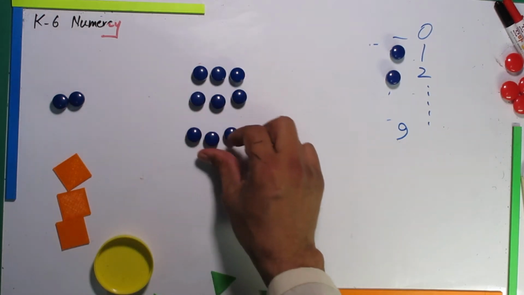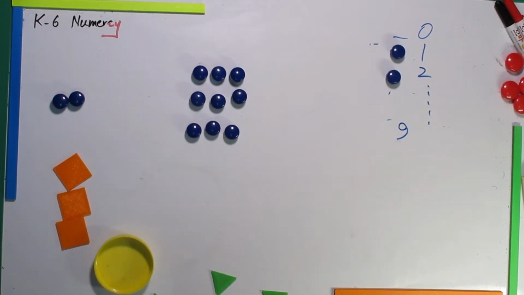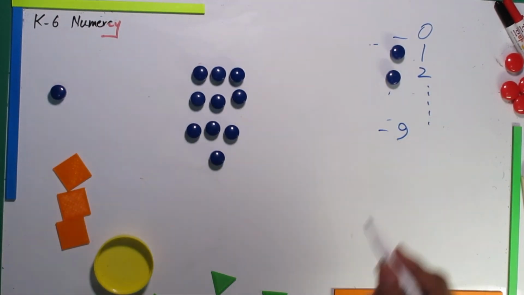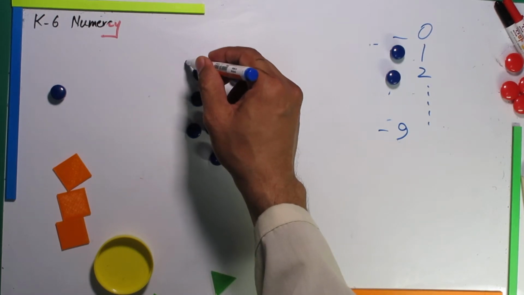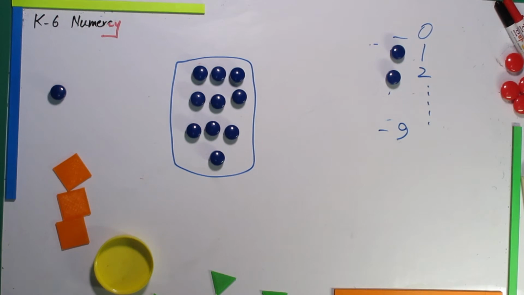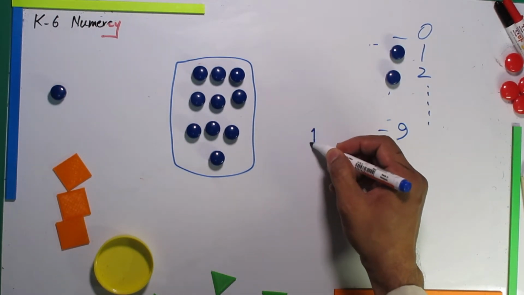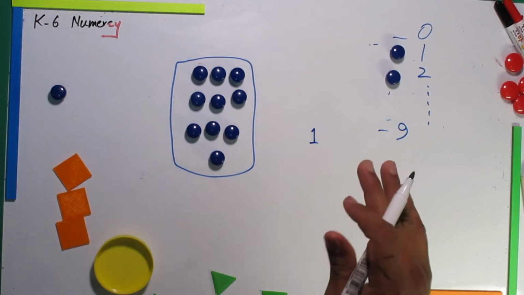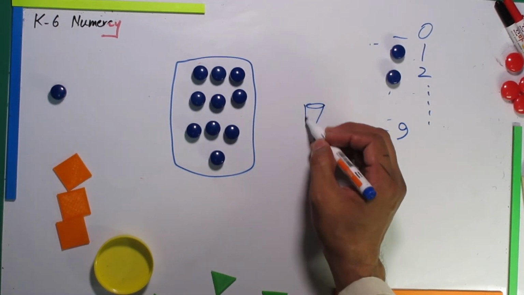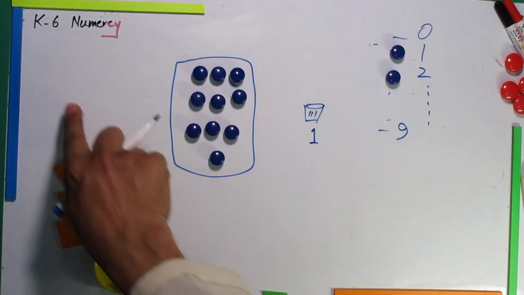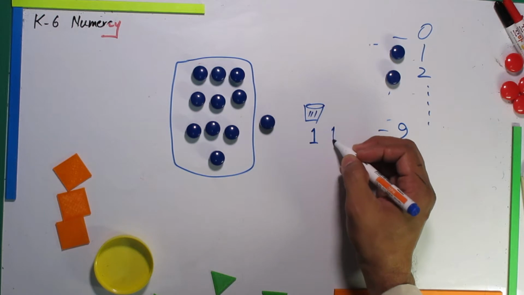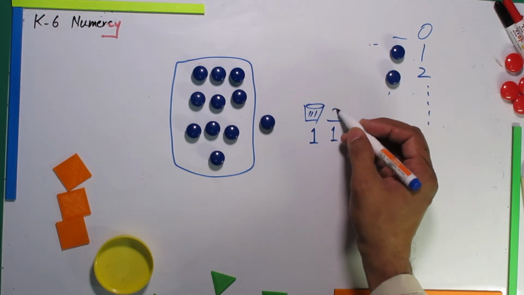Up to this we had no problems because we had symbols. Whenever another came, I have no way to write it, so I'll put all of them in a basket and call it one basket. But if I simply write this one, it will confuse me. And if we add one more, it will be one basket and one simple cherry.